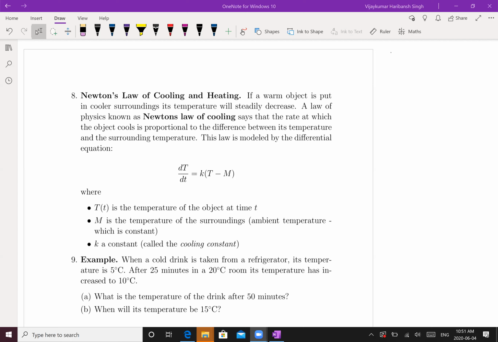It will cool down, and it also depends on the temperature of the surroundings, right? If you take a hot coffee and put it in an oven which is equally hot, the coffee will not cool down. So the way an object cools down, or for that matter heats up, basically depends on the temperature of the surroundings, right? So Newton's law of cooling tells you exactly how it depends.